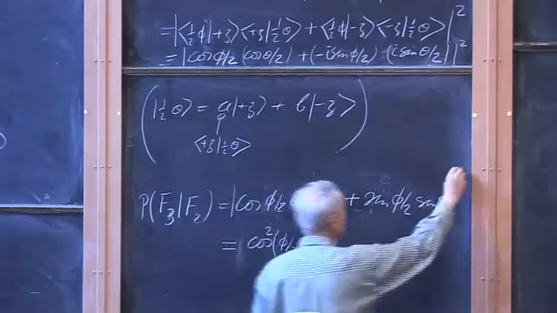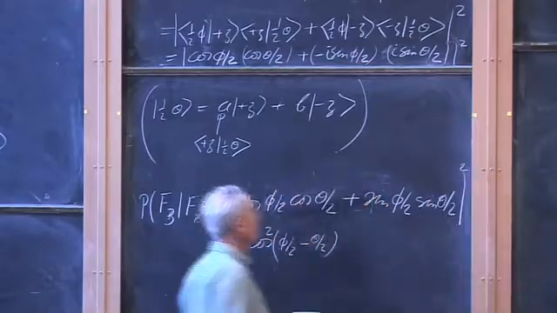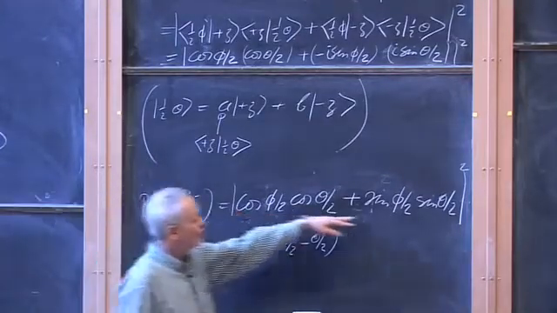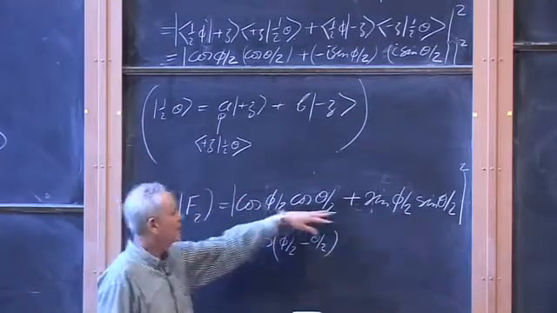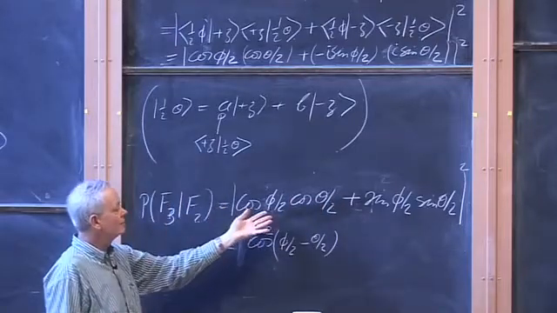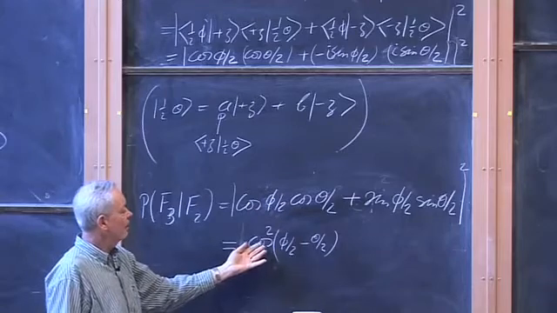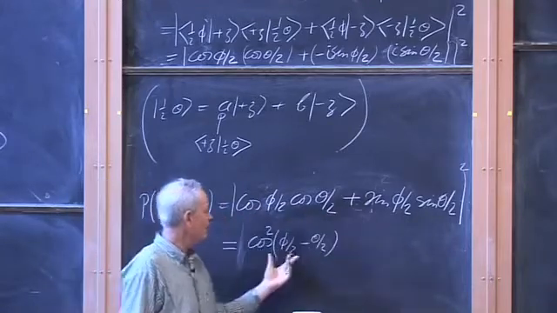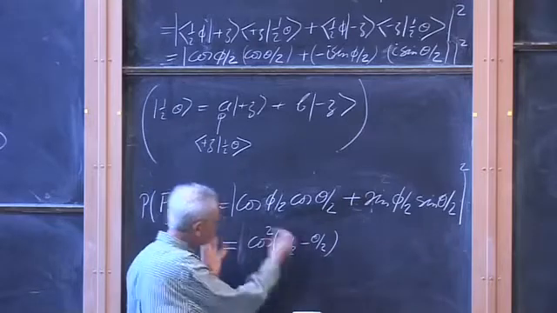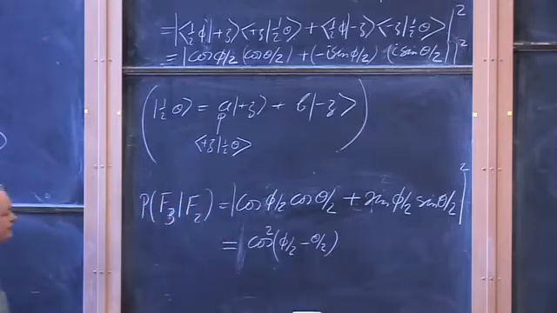That's what it is. And then we have to do a mod square of it. And we have a formula in trig, right, which says that this combination of cosines and sines is the cosine. What's in here is actually the cos of phi upon 2 minus theta upon 2. And then we had to square it. Sorry.